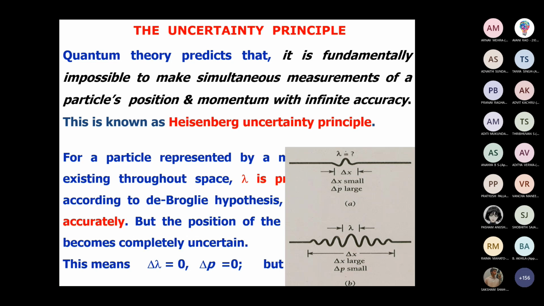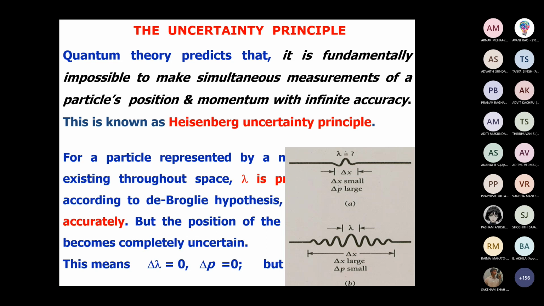Anyone has a query in this? So the Heisenberg uncertainty principle states that it is impossible to make simultaneous measurements of a particle's position and momentum with infinite accuracy. The two components we are talking about are the position and the momentum.